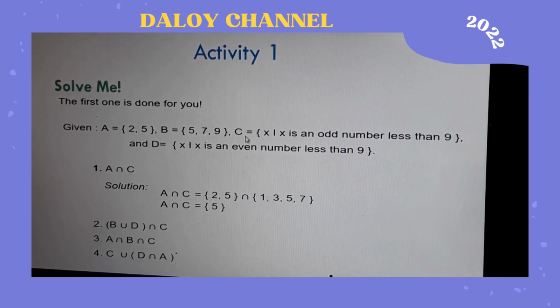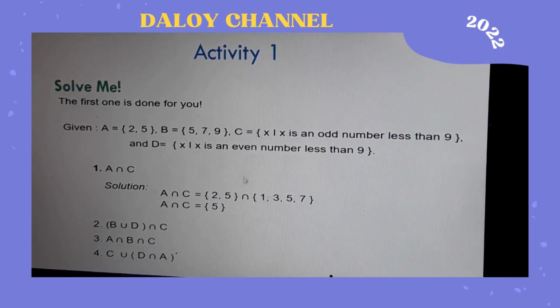If we try to find the intersection between A and C, where C stated that X such that X is an element of odd numbers less than 9. So the odd numbers less than 9, we have 1, 3, 5, and 7.